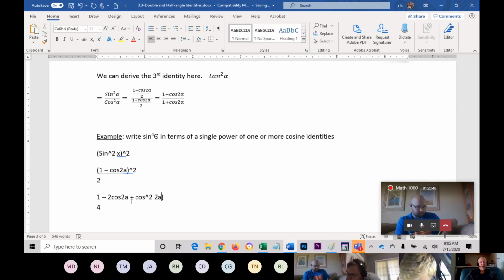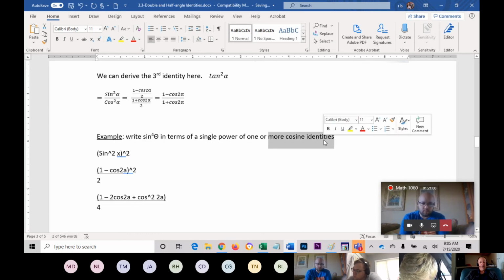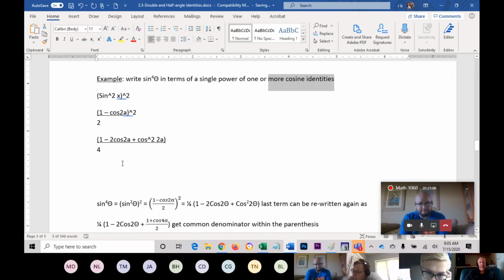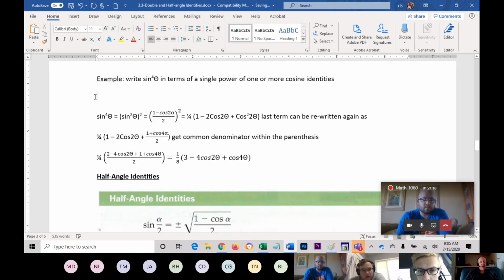Okay, so this whole thing divided by 4. Okay, so you've written sine to the 4th in terms of a bunch of cosines. Weird. Okay.